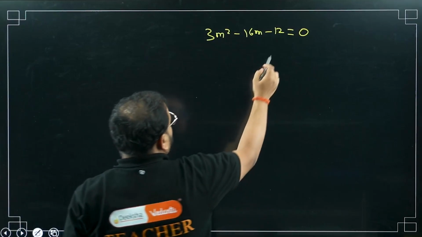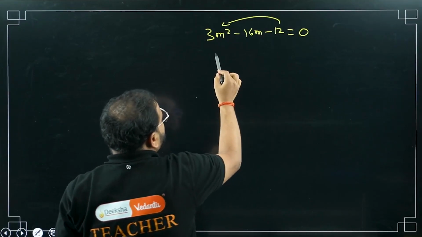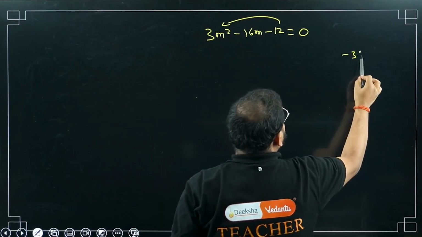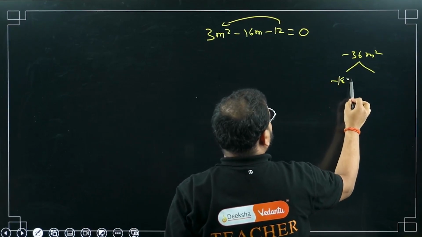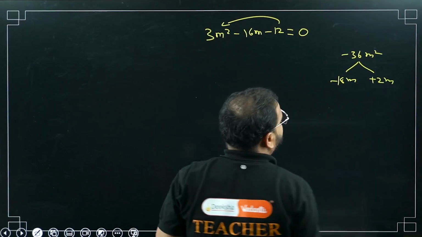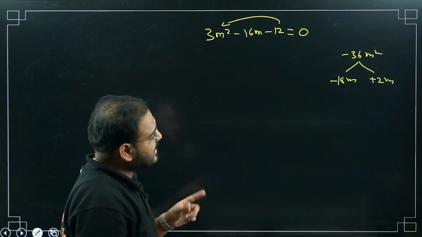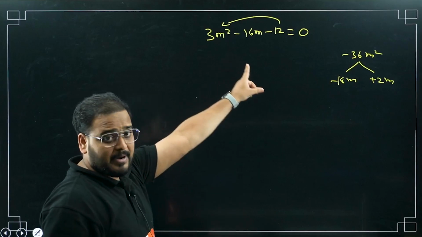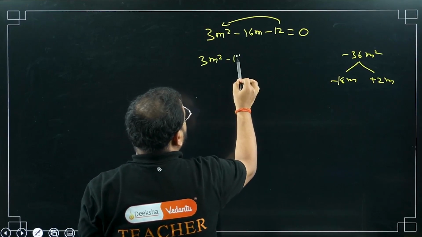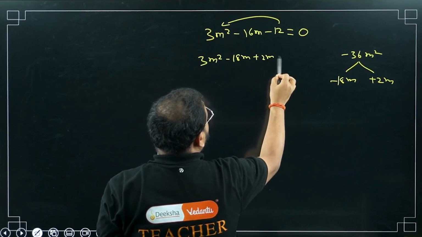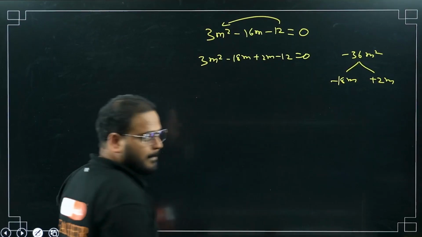Let's multiply first and last. What is the number? Minus 36m square. Factors I can take as minus 18m and plus 2m. Minus 18 into 2 is minus 36, m into m is m square. When you add, you get minus 16 only. So 3m square minus 18m plus 2m minus 12 equals 0.